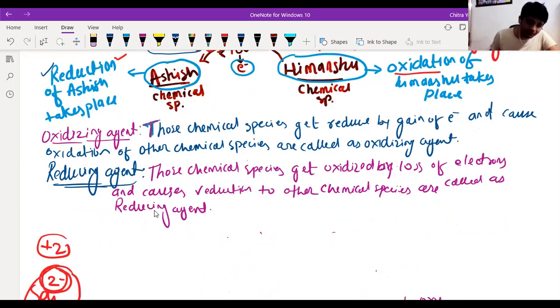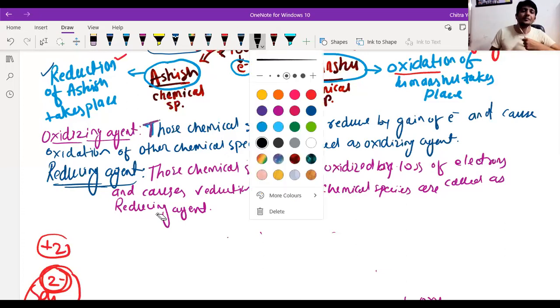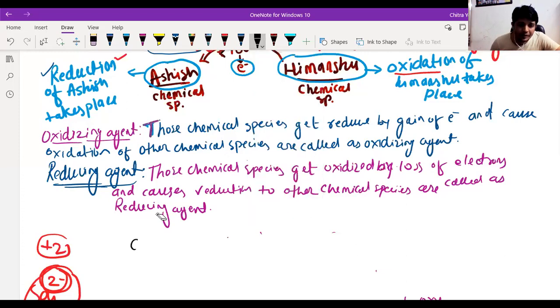Okay, so example. See, here we had taken copper sulfate, CuSO4. When copper sulfate reacts with ferrous, what will form? Ferrous sulfate, FeSO4, and copper gets separated.